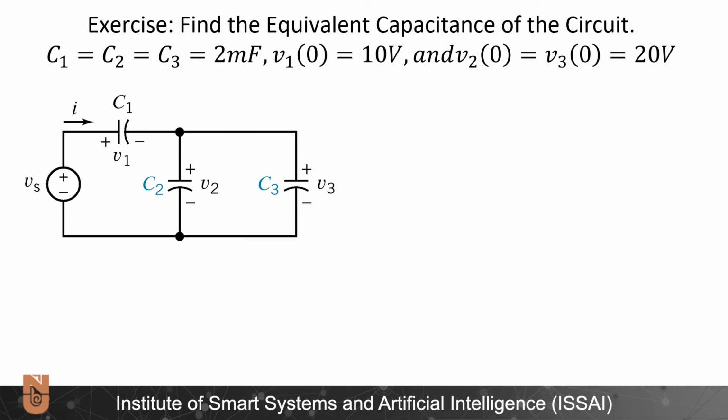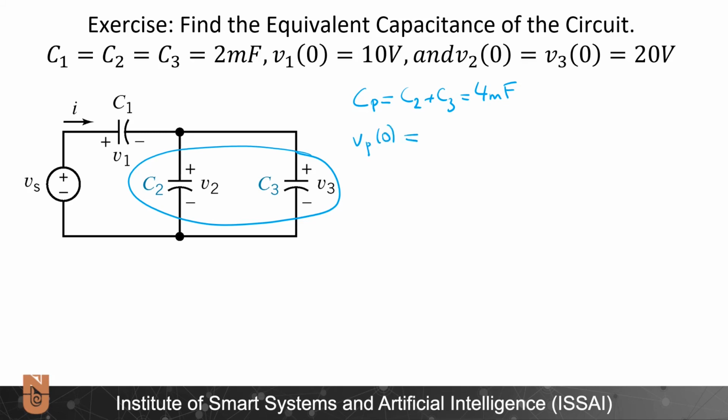Here I see two parallel capacitances, C2 and C3. The equivalent capacitance value will be C2 plus C3, which is equal to 4 millifarads. And the voltage over this equivalent capacitance at t equals 0 will be 20 volts because they were in parallel, so it will not change.